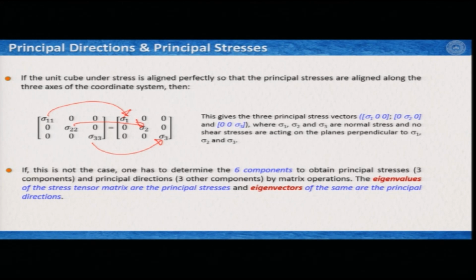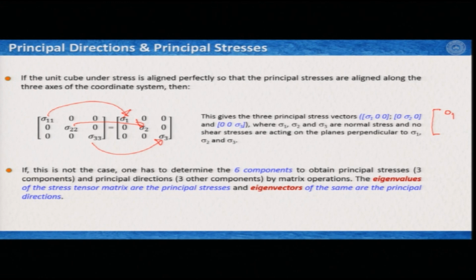Therefore it gives 3 principal stress vectors: sigma 1 0 0, 0 sigma 2 0 and 0 0 sigma 3. I wrote it here as a row matrix, but generally they appear as a column matrix.